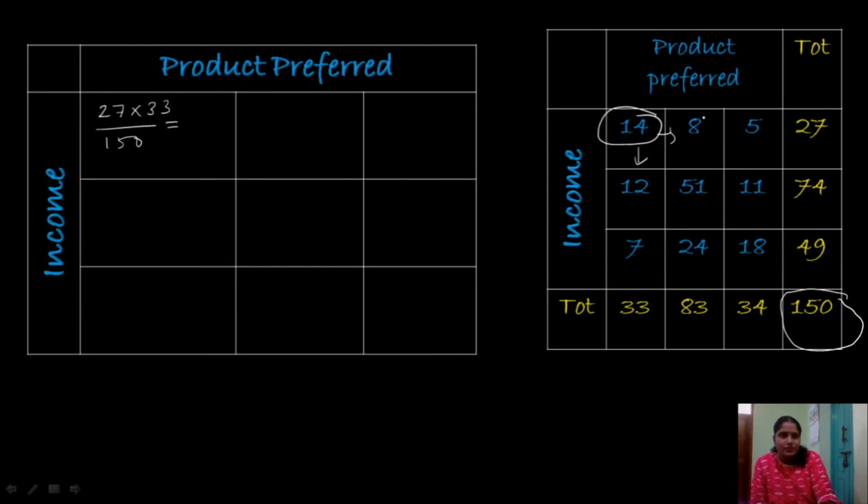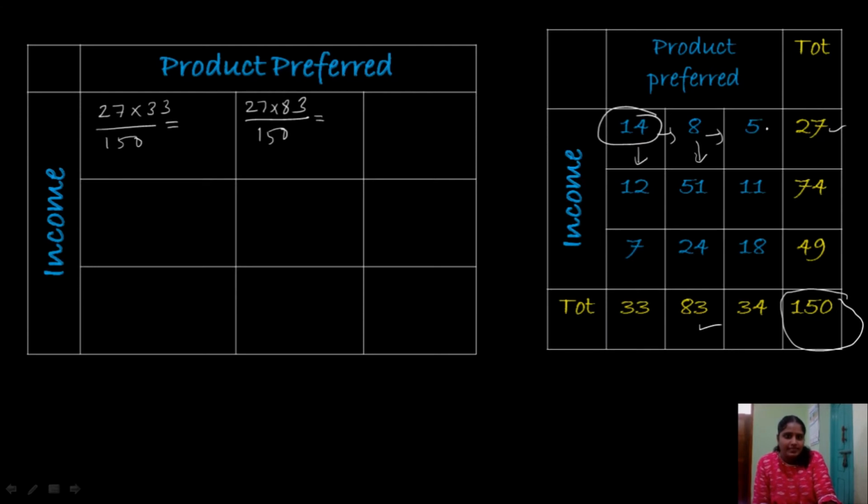Next, the expected frequency for 8. For this, the corresponding row total is 27 and the column total is 83. So we have to multiply 27 with 83 and divide this by 150. You get the expected frequency for the observed frequency 8.